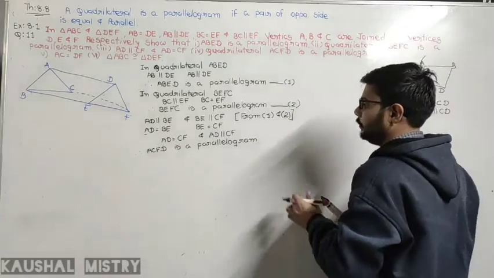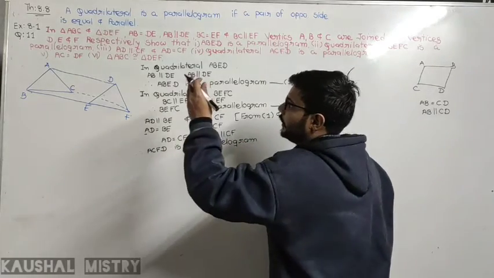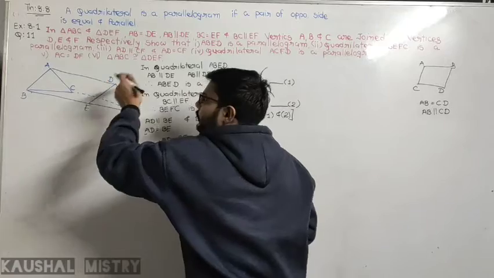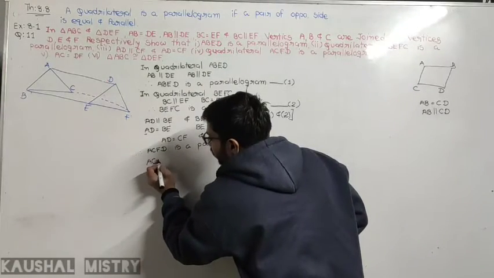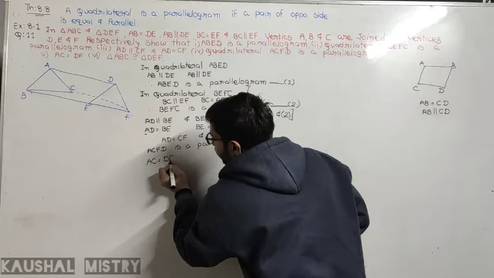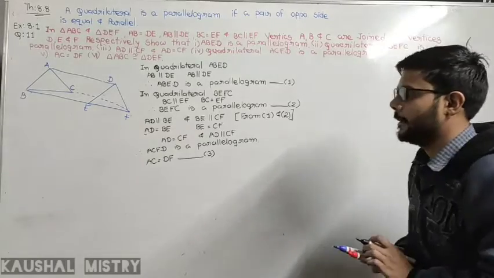Now that means ACFD is a parallelogram. That means we can definitely write the opposite sides are also equal. That means AC is equal to DF. This will be our result number 3, right?